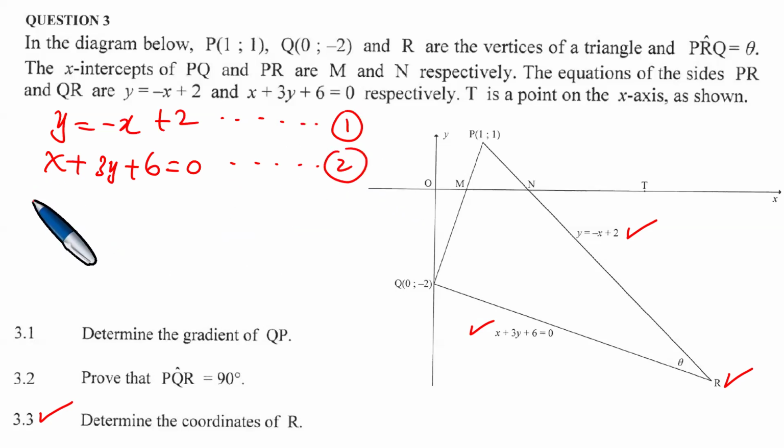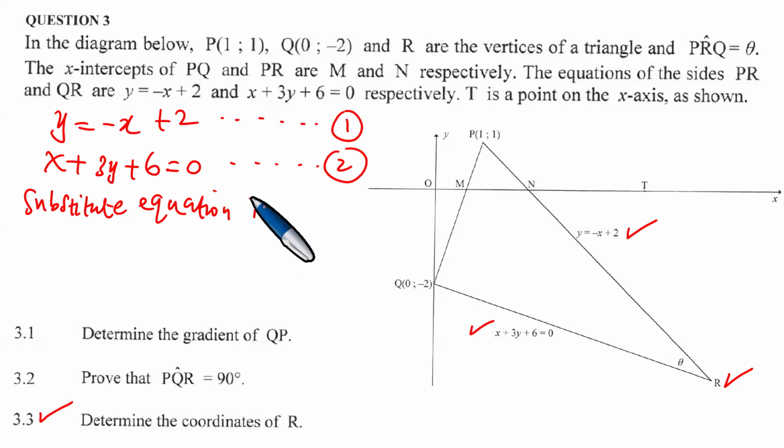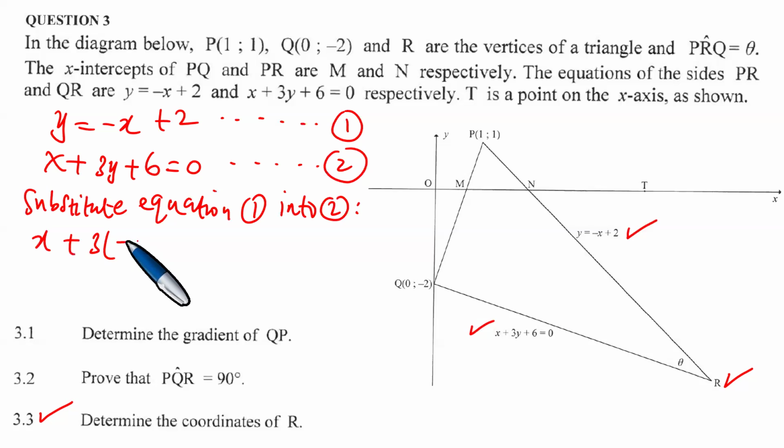So we substitute equation 1 into equation 2. We have x plus 3 times y, which is minus x plus 2, plus 6 equals 0.